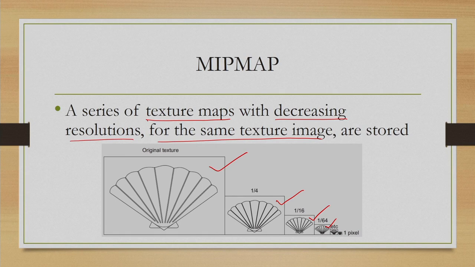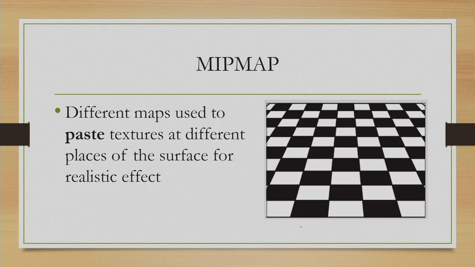So how do we use this? Now suppose we are asked to generate something like this pattern. As you can see, the region closer to the viewer position has bigger patterns. As the distance from the viewer increases, the pattern sizes become progressively smaller as we move away from the viewer.